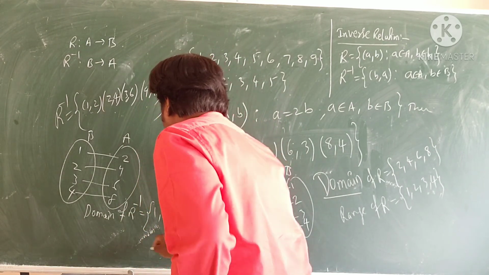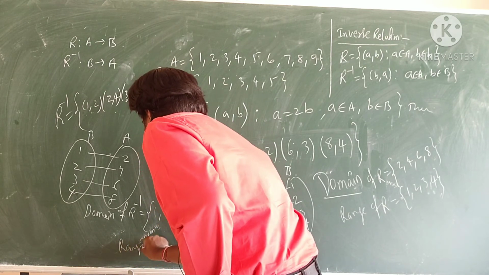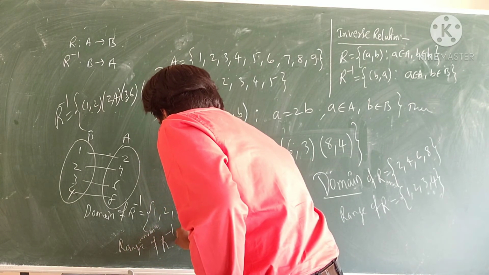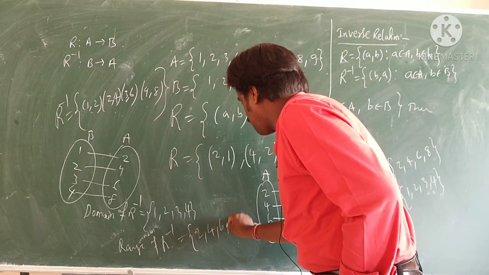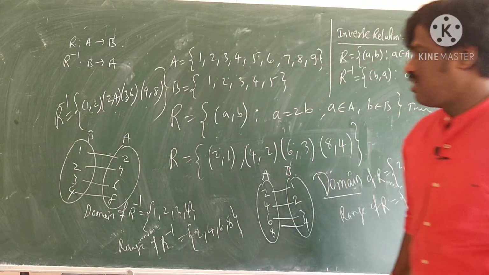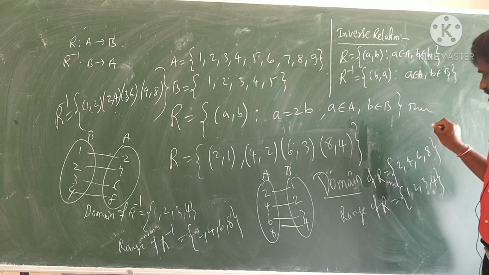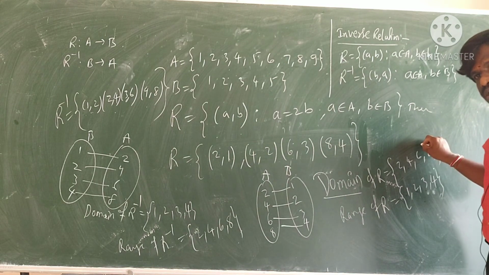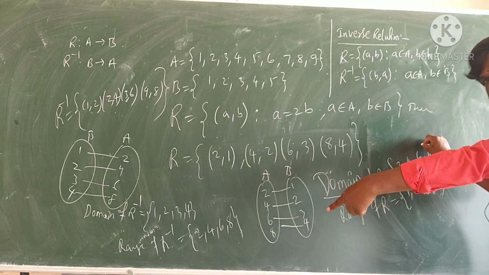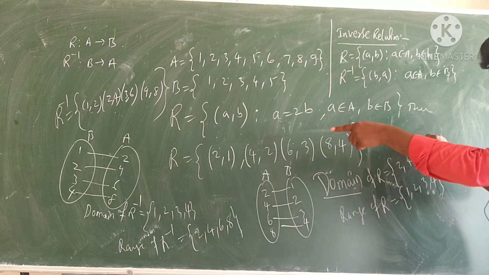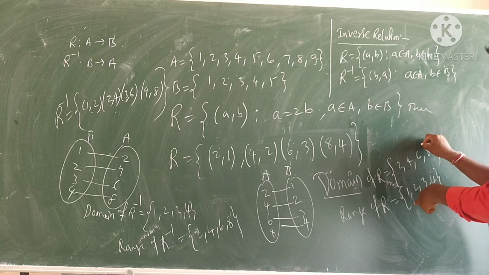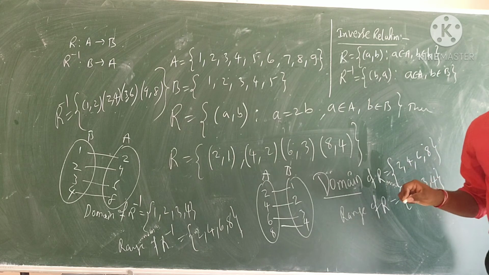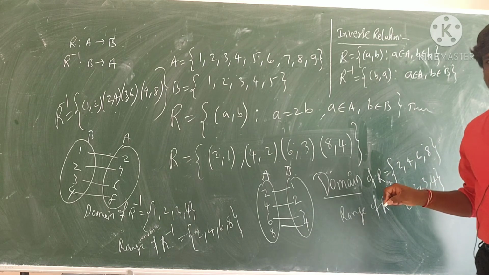The range of R inverse is 2, 4, 6, 8. What do you understand here? Domain of R is equal to range of R inverse, and domain of R inverse is equal to range of R.